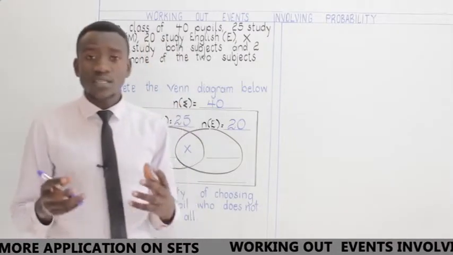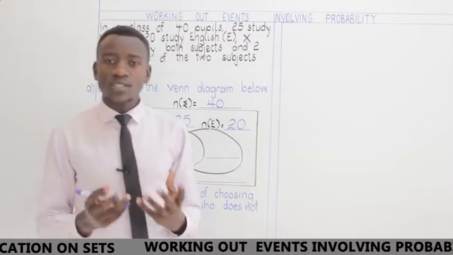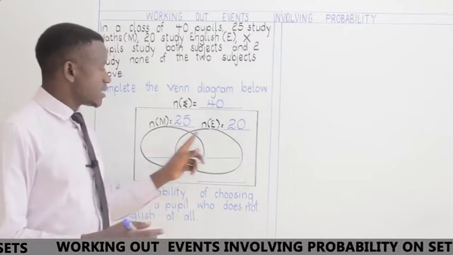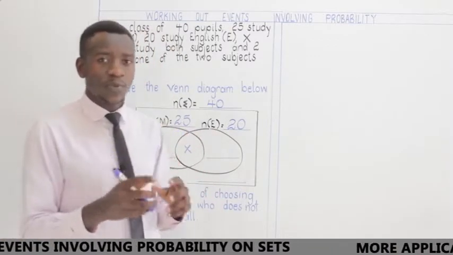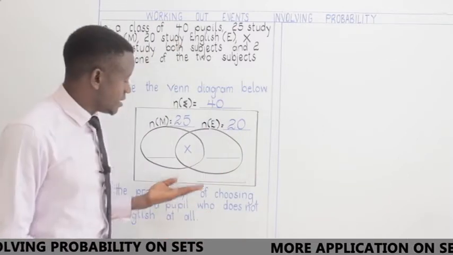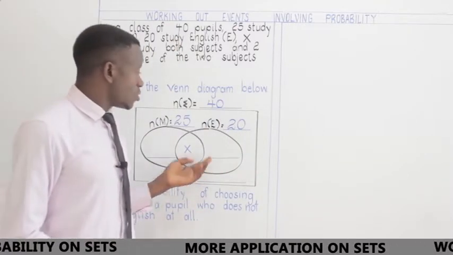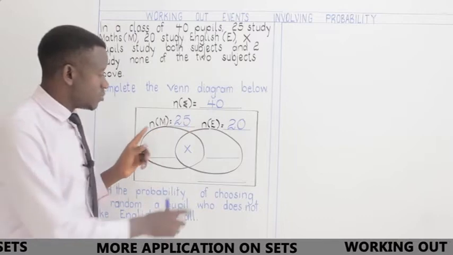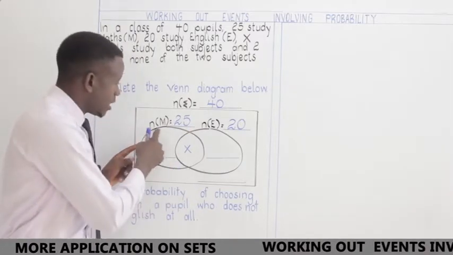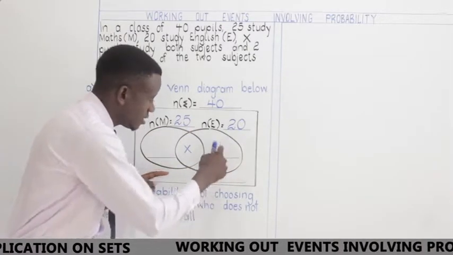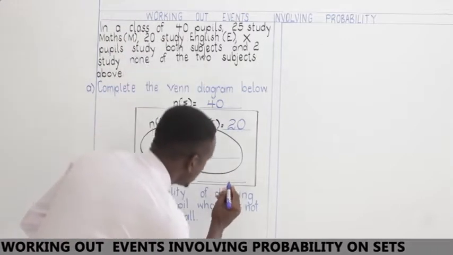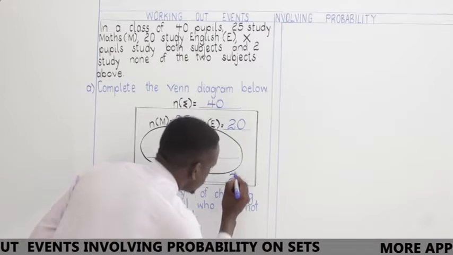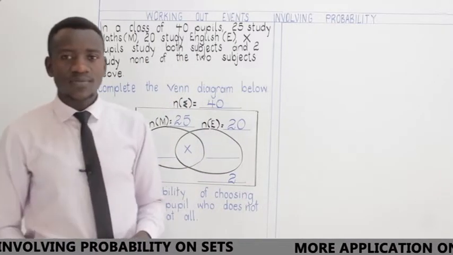We said these pupils don't study the 2, mathematics and English, meaning these pupils are in class, but they don't study mathematics and they don't study English, meaning they will be outside but within the class, which means they will be outside our 2 given sets.